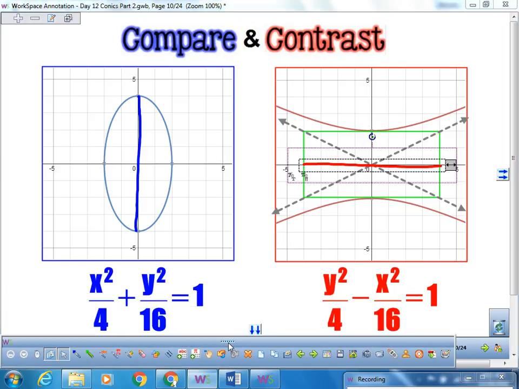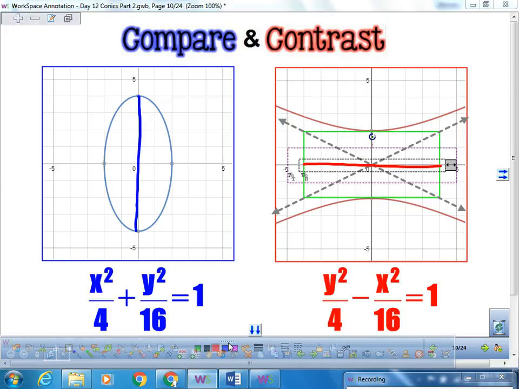Okay, we should raise your hands. All right, let's hear it. Okay, so you hear that? The amount on the y is larger on this one, but the amount that's associated with x is larger on that one.